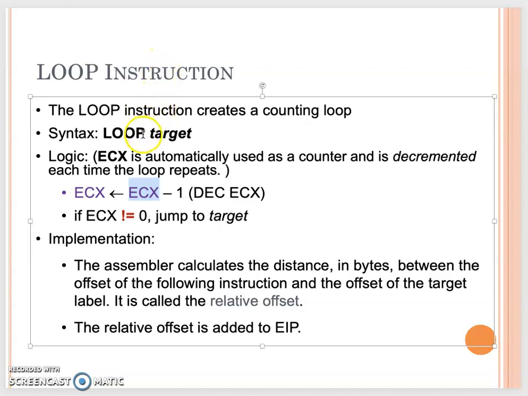So whenever we see the loop, before I jump to that code location, the first thing we do is decrement ECX by 1. Then we check: if ECX is not equal to 0, then I jump. On the other hand, if ECX is equal to 0, then I don't jump. I just continue to the next instruction.